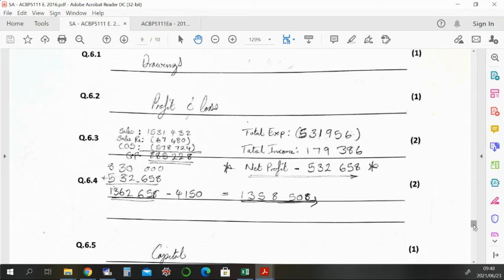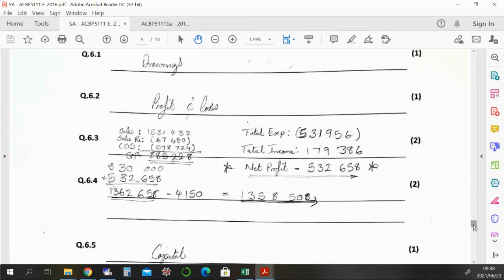Then under the drawings account, 6.5, or 6.4, sorry, before we get to 6.5. There we're looking for the new balance for the capital account. Can you see that? Again, you're going to ask what is the total on my credit side and what is the total on my debit side. We know all we have on the debit side is that 4,150.